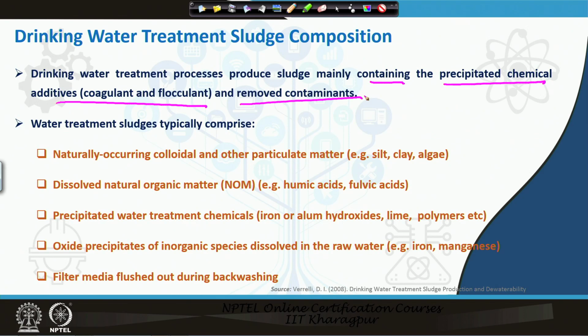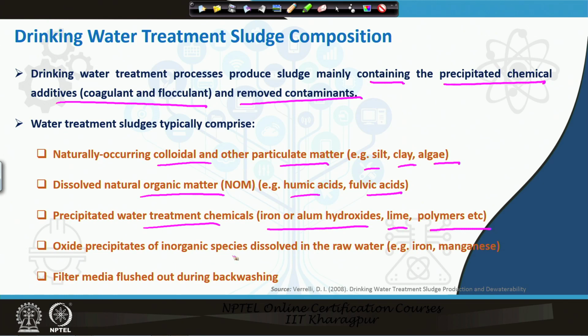So, water treatment sludge typically comprises naturally occurring colloids and other particulate matter like silt, clay, algae. It will have some dissolved natural organic matter, humic acids and fulvic acids. It will have some precipitated water treatment chemicals, so alum or iron hydroxide, lime if we are adding it, some polymers we are adding. It may have oxidized precipitates of inorganic species dissolved in the raw water, like iron and manganese precipitates.